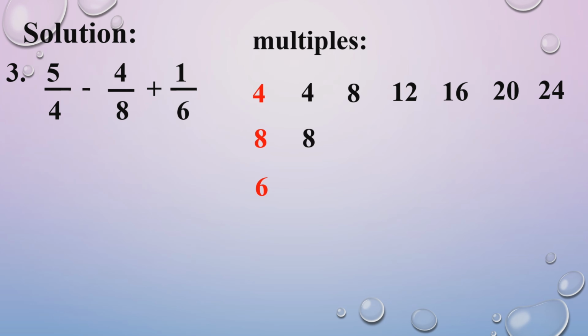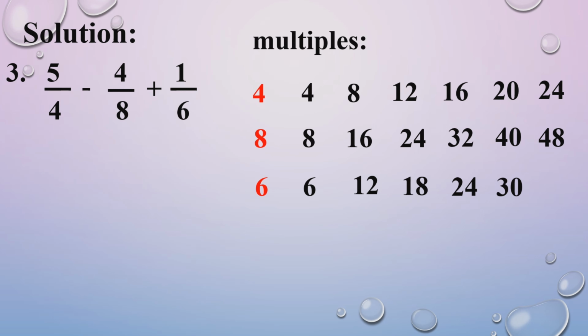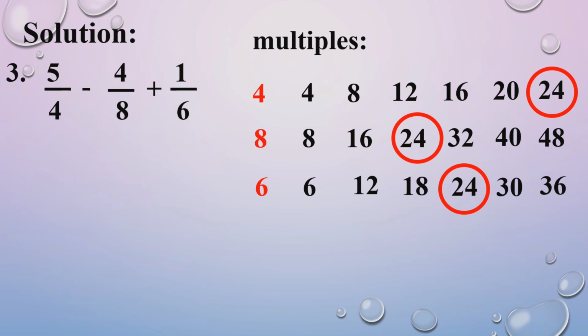For 8, we have 8, 16, 24, 32, 40, 48. For 6, we have 6, 12, 18, 24, 30, 36. So let's find the LCD. Okay, so the LCD or the least common denominator is 24.